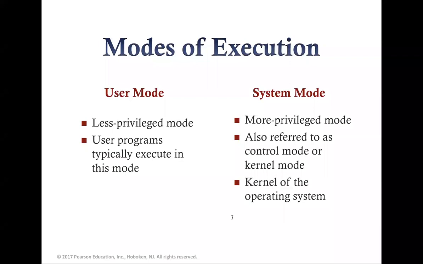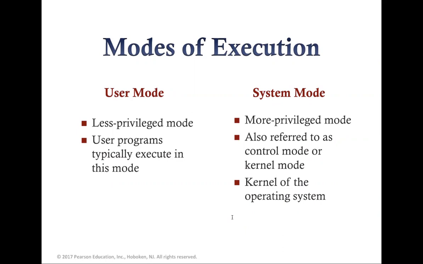Before continuing with our discussion on the way in which the operating system manages processes, we need to differentiate between two modes of execution for the processor: the mode normally associated with the operating system and the mode normally associated with user programs. Most processors support at least two modes of execution.